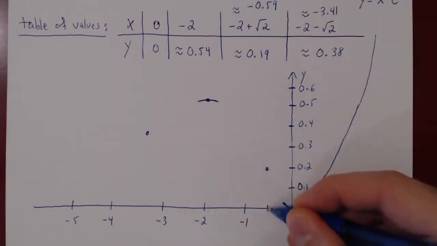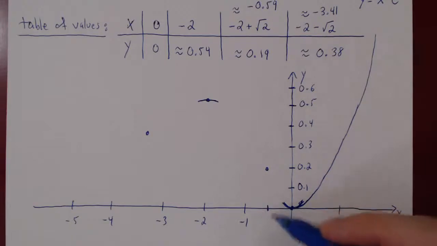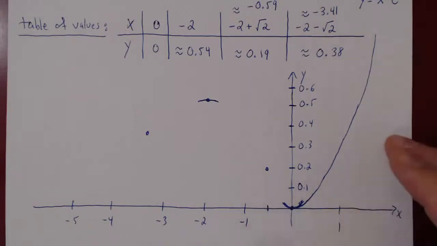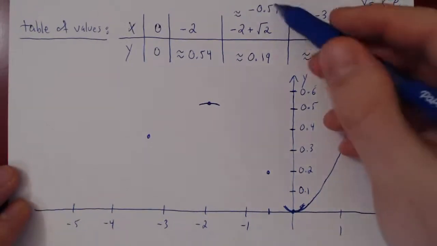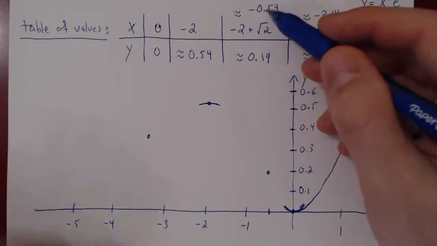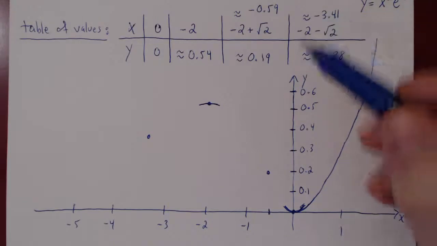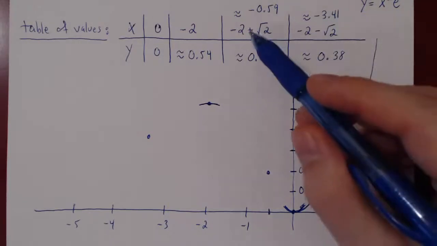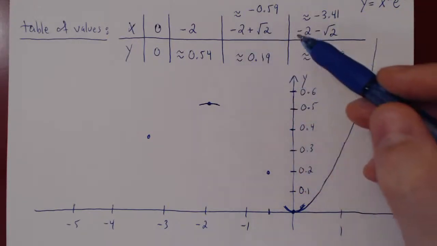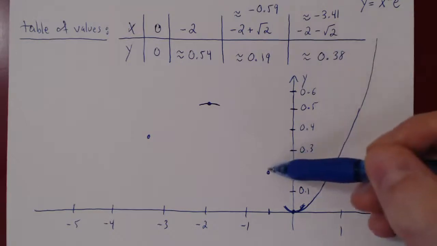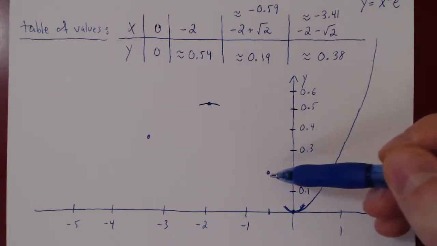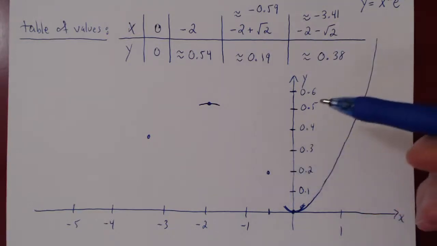Well, this point right here, x being roughly -0.6, this was, if you remember, one of our possible inflection points. Right? The two possible inflection points were -2 plus root 2, and -2 minus root 2. The question is, is this a real inflection point? Well, let's see.